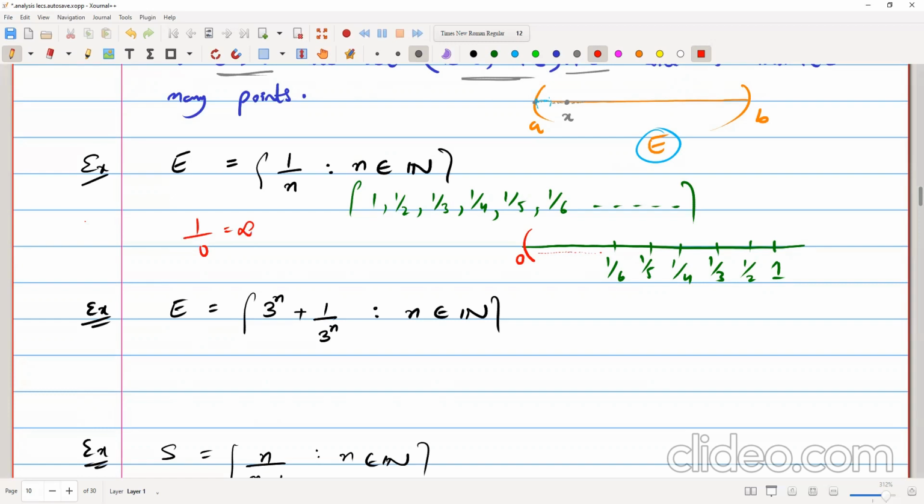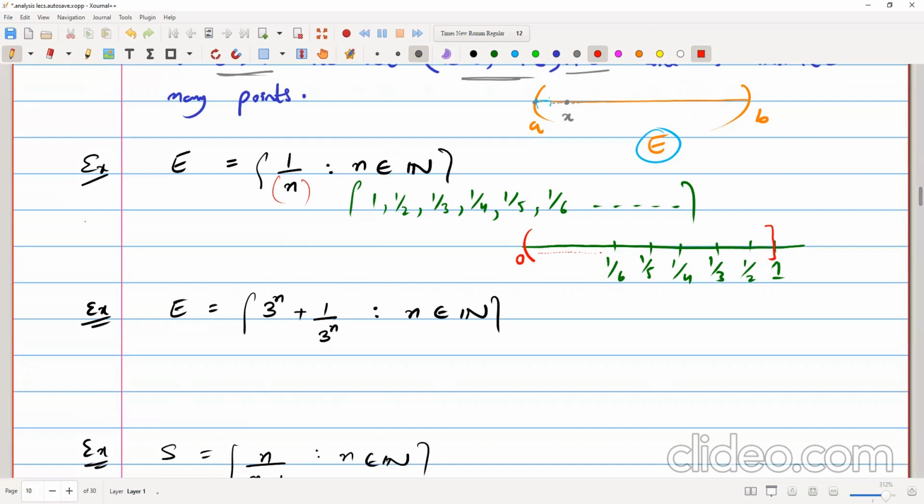We are only talking about natural numbers. But it is a sense that when we are moving in this way, by dividing by natural numbers and increasing in the order, then eventually we are going somewhere to 0. But the 0 is not included in the set. This 1 is included in the set. 0 is not included in the set.